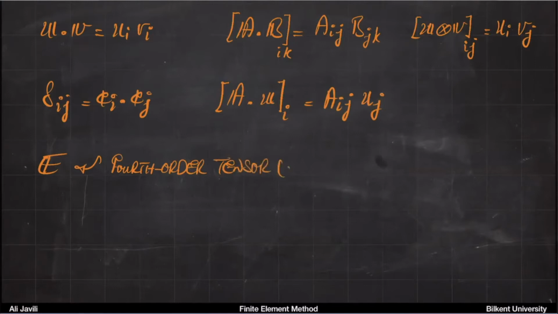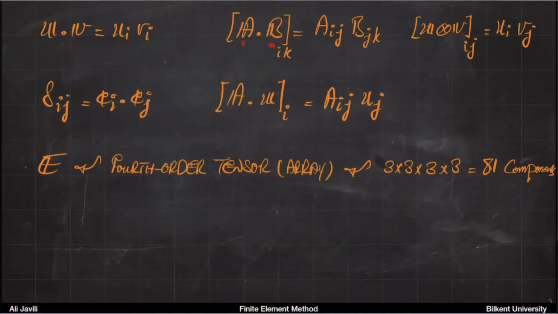Again, for simplicity, you can just think about an array. You don't have to be concerned about the term tensor. Now, this means that in 3D, it has 81 components. Remember a vector in 3D has 3 components, a matrix in 3D has 9 components, so 3 by 3. So this is 3 by 3 by 3 by 3, that's 81 components.